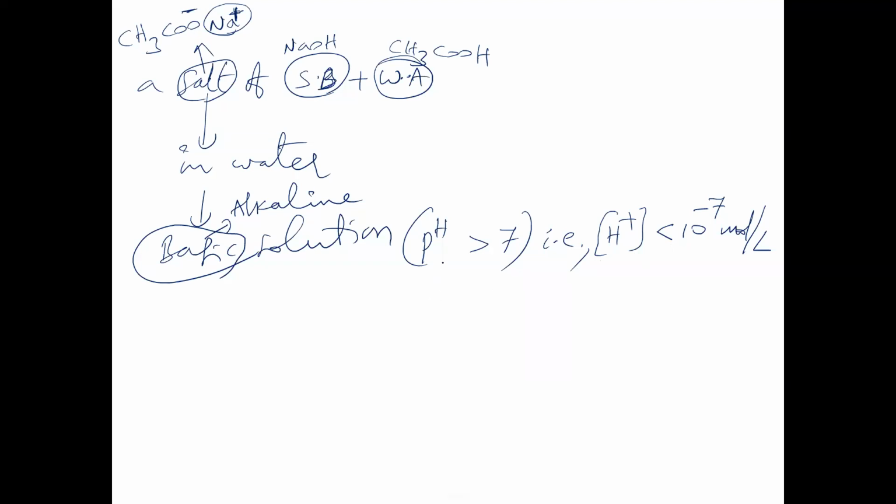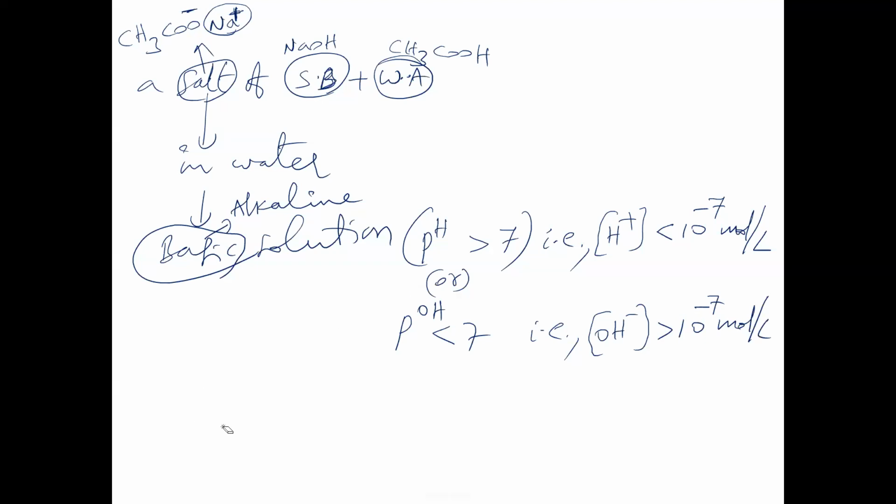Now, whenever pH is greater than 7, pOH must be less than 7. That is, OH minus ion concentration is greater than 10 power minus 7 moles per liter.